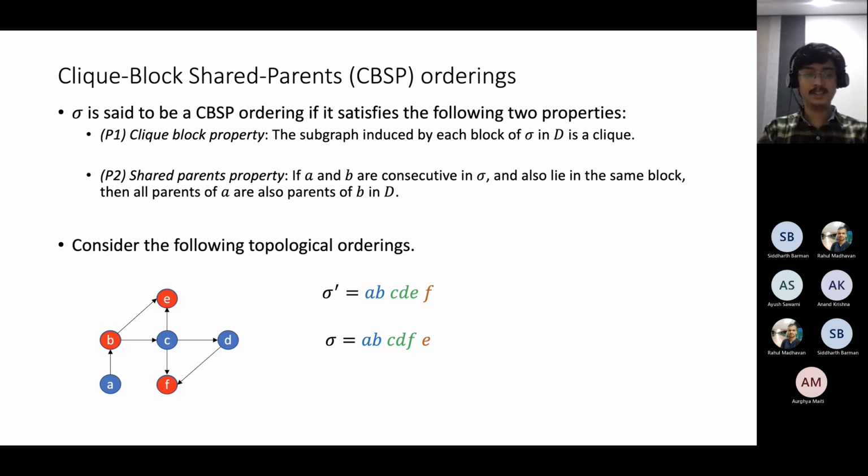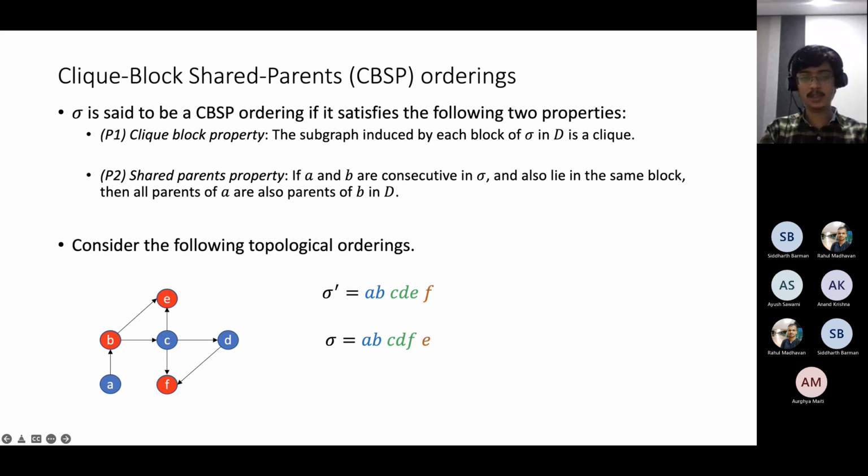But notice that there is a parent of C, which is not a parent of D. So B is a parent of C, but not a parent of D. And C and D are consecutive nodes lying in the same block.